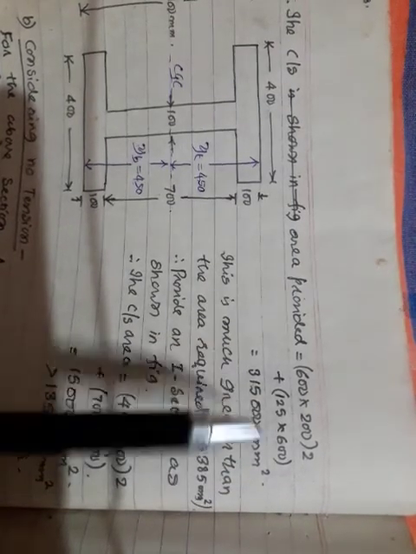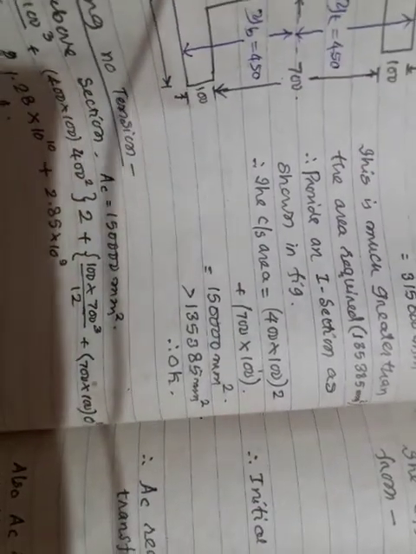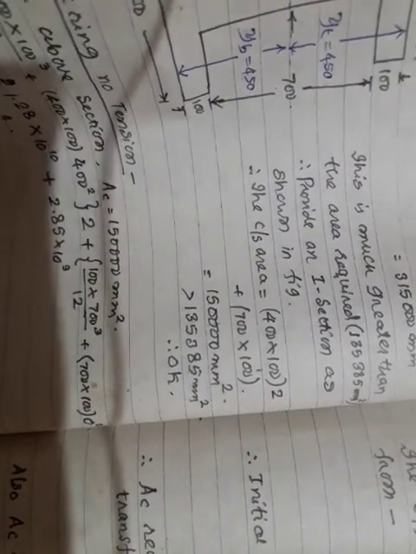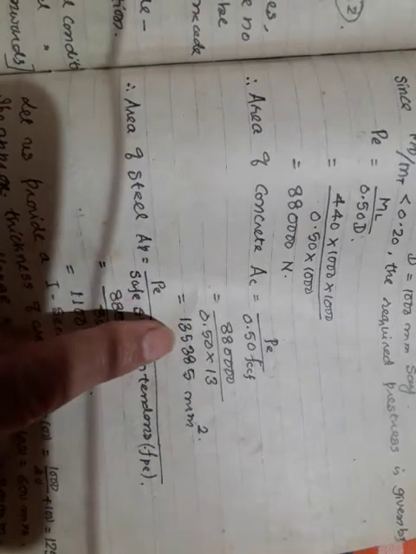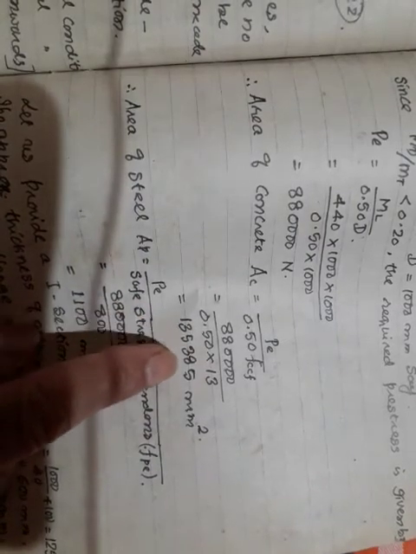Now see, in your previous calculation, the area of concrete required is 135385 mm square.